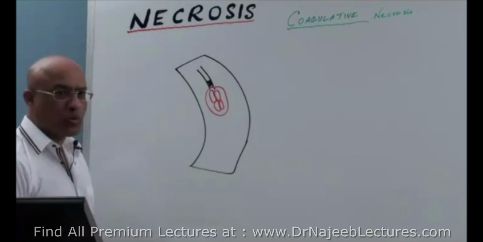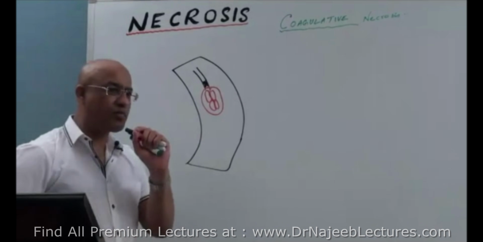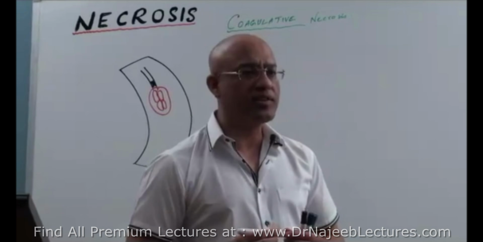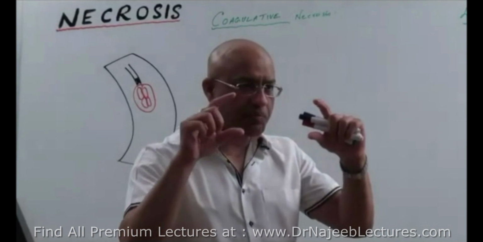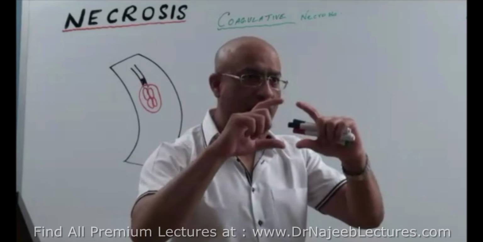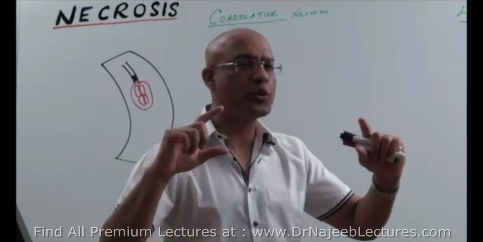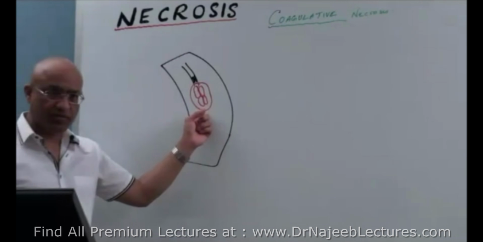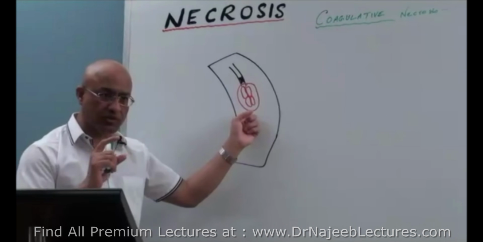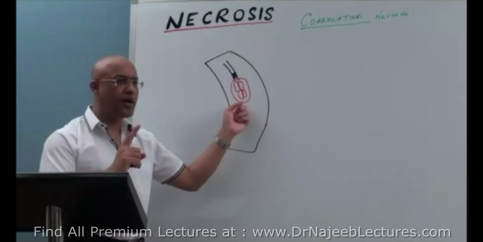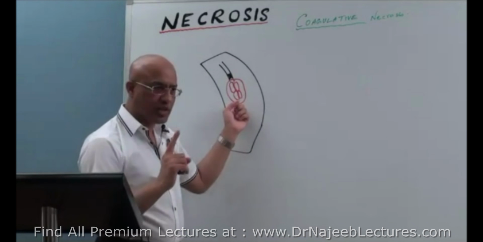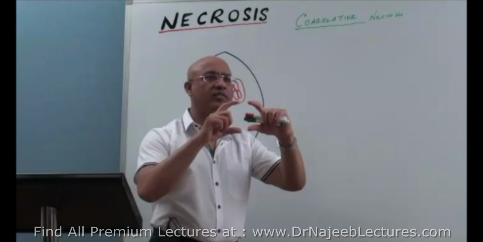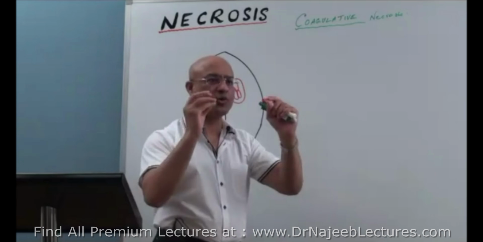Now, what is coagulative necrosis? The special hallmark of coagulative necrosis is that necrotic cells maintain their basic architecture and outlines at least for a few days after the lethal injury has been done to these cells. During the process of necrosis, the necrotic cells maintain their cellular architecture and cell outlines at least for a few days.